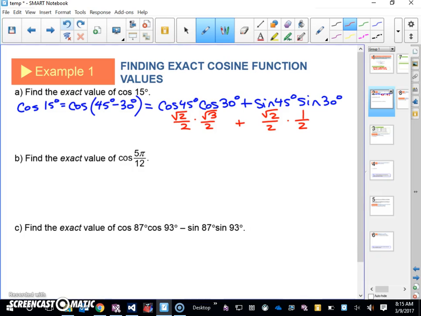If we clean up our fractions, we have square root of 6 plus the square root of 2, over 2 times 2 is 4. The exact value of cosine 15 degrees is the square root of 6 plus square root of 2 over 4.